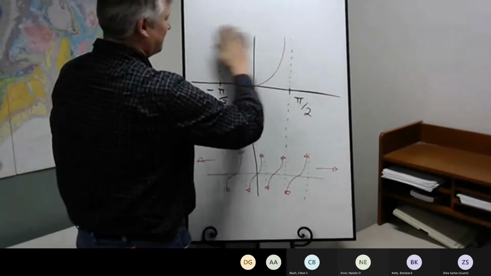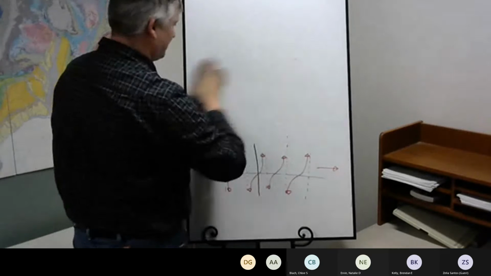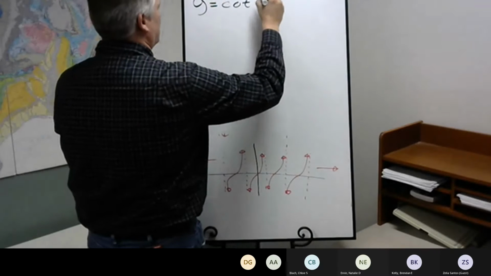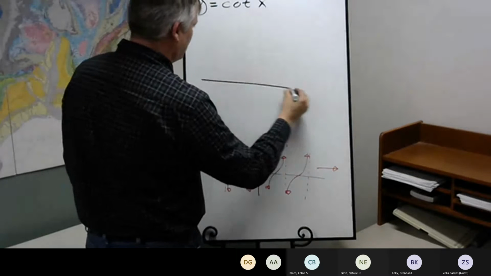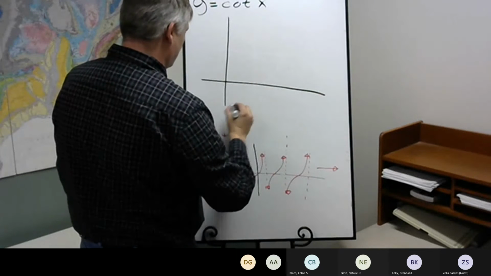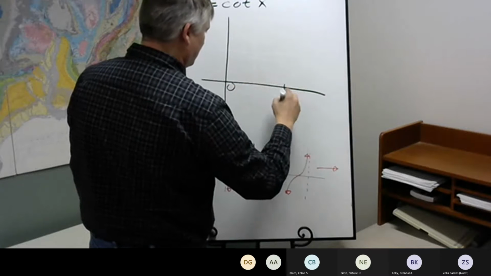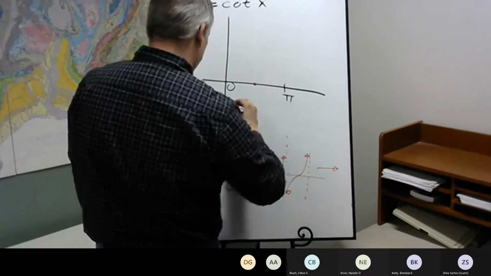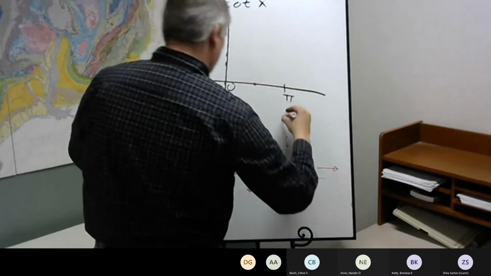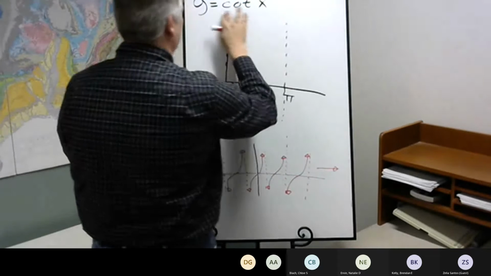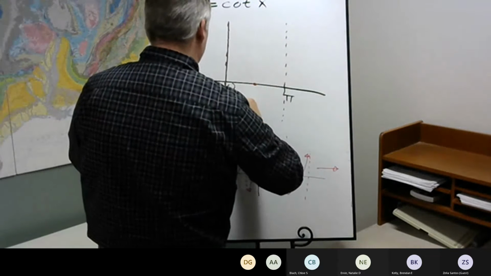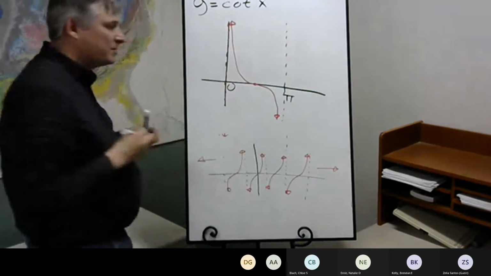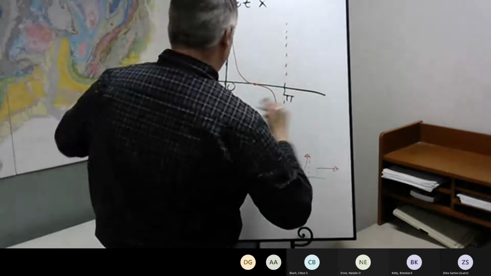Cotangent is going to look like this. A little more depth here.